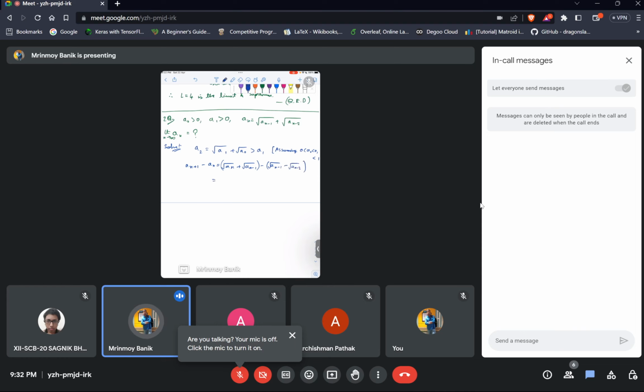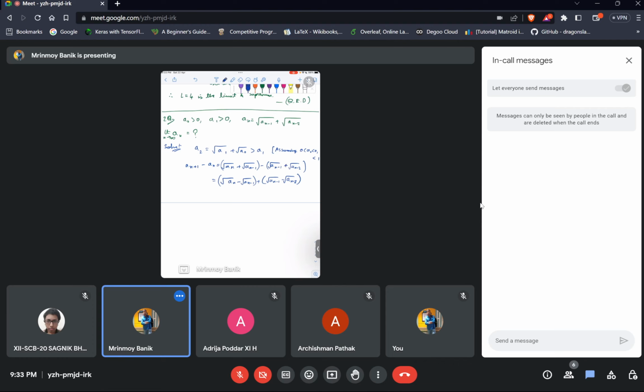So we have the square root of AN minus 1 term common, and we can rearrange it as follows. No, this isn't correct.